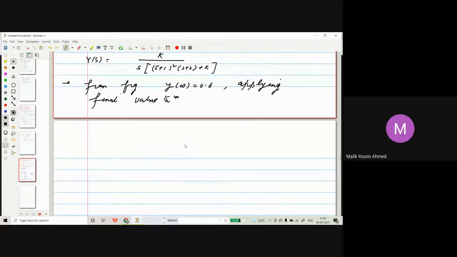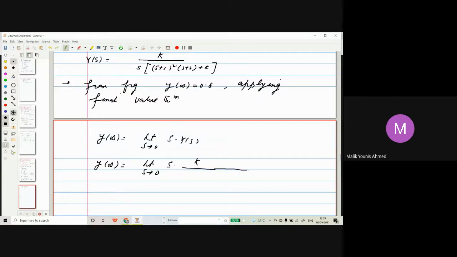In this case, what is going to happen? So we can say y of infinity will be limit s tends to 0 of s into y of s. So y of infinity will be limit s tends to 0 of s into k divided by s into (s plus 1) square (s plus 2) plus k.